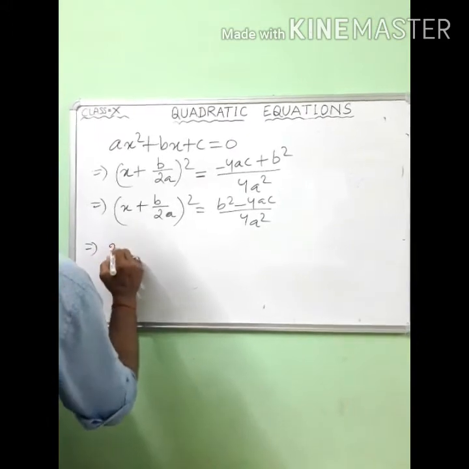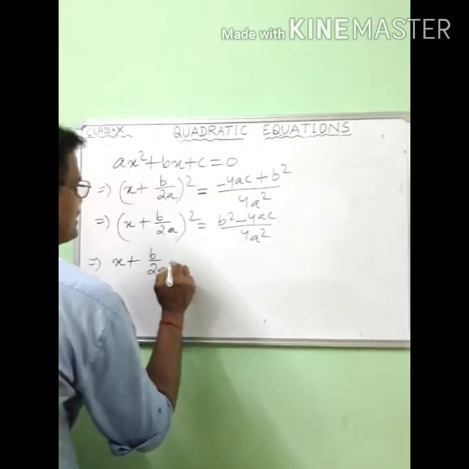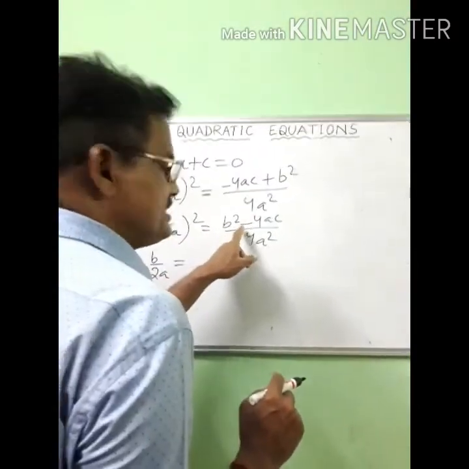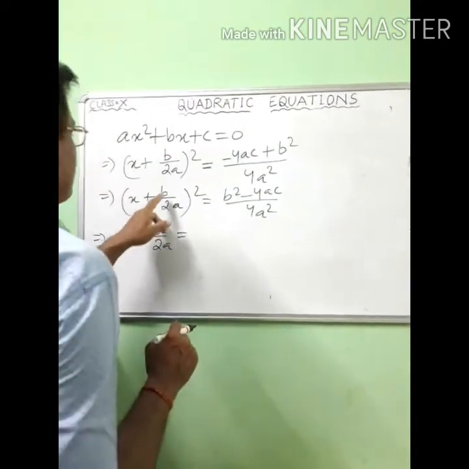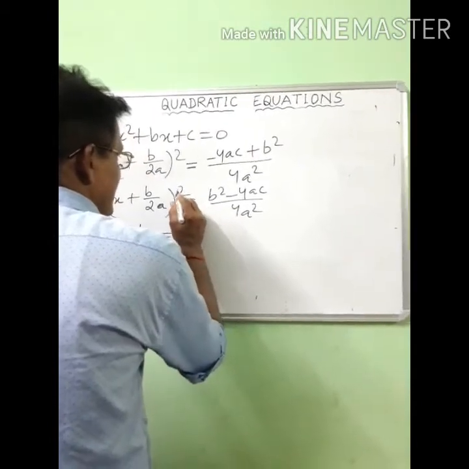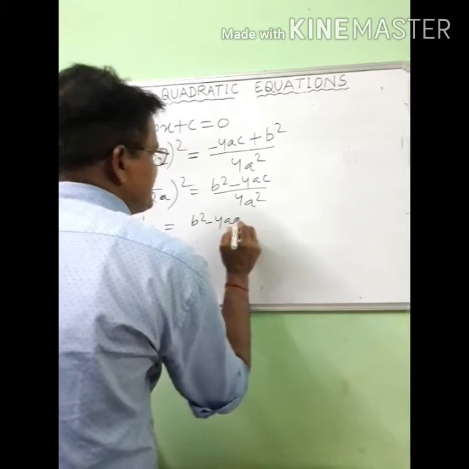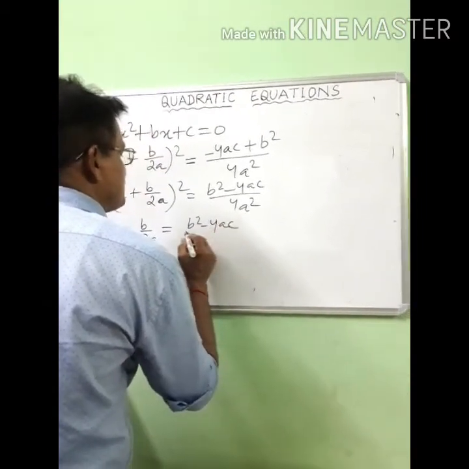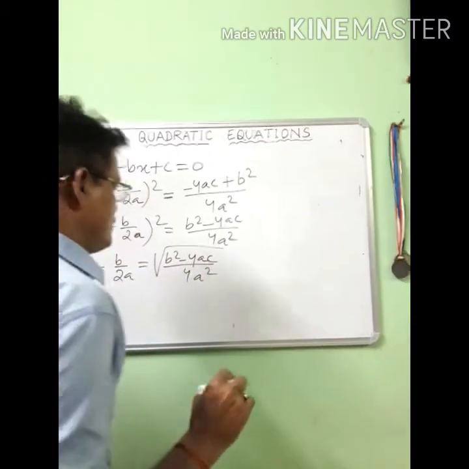Now x plus b by 2a is equal to how much? x plus b by 2a whole square is equal to b square minus 4ac by 4a square. So x plus b by 2a is equal to root over of this. That is b square minus 4ac by 4a square, root over this.